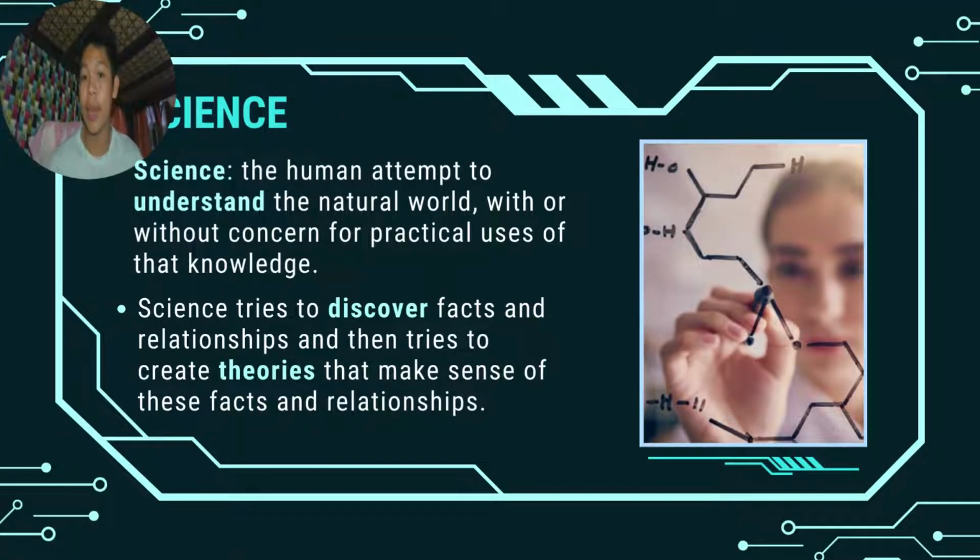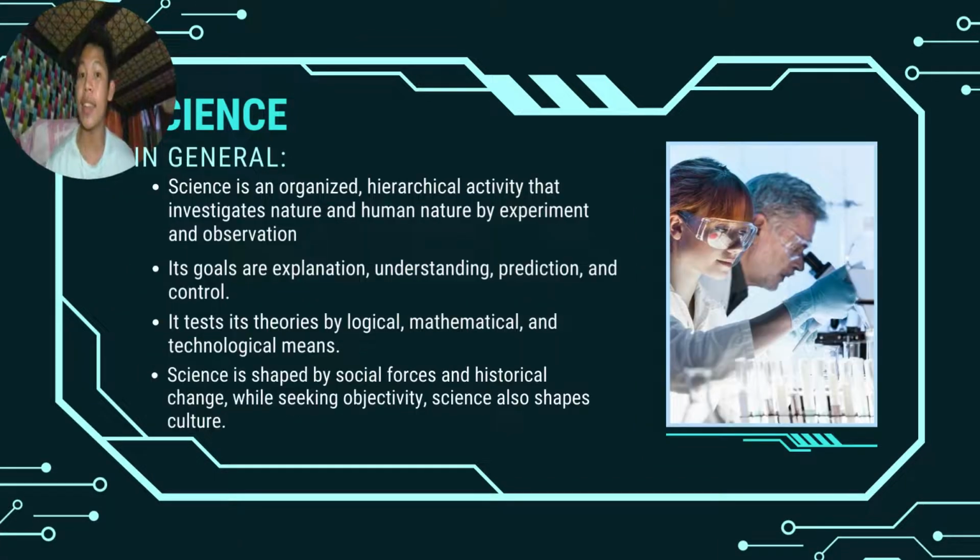Science is the human attempt to understand the natural world, with or without concern for practical uses of that knowledge. Science tries to discover facts and relationships, and then tries to create theories that make sense of these facts and relationships. In general, science is an organized, hierarchical activity that investigates nature and human nature by experiment and observation.